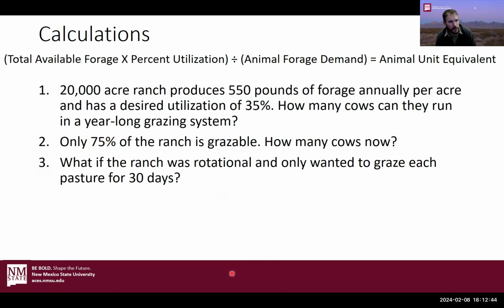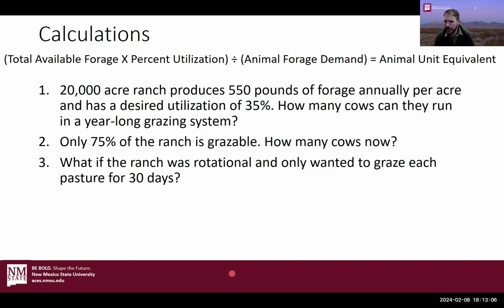All right. So using the same equation, what if we changed our grazing strategy? Let's say we have pastures now that we can rotate through. Okay, something like a Savory model, right? So we're going to do a 30-day intensive rest rotation type grazing strategy.